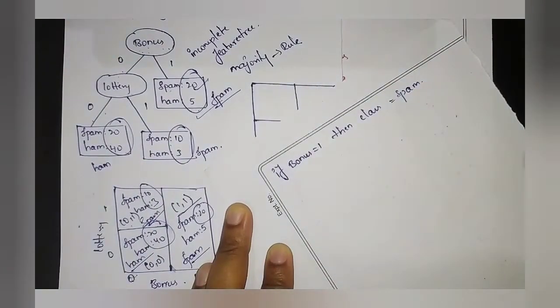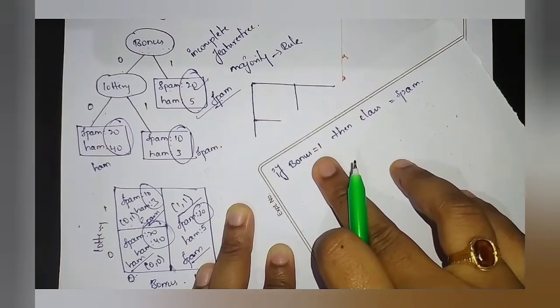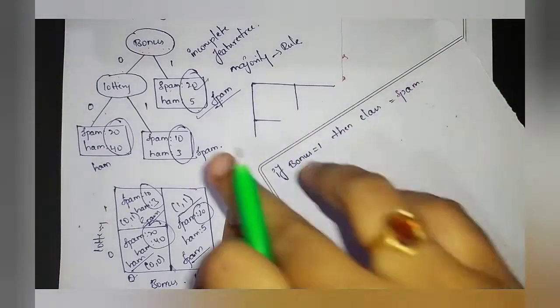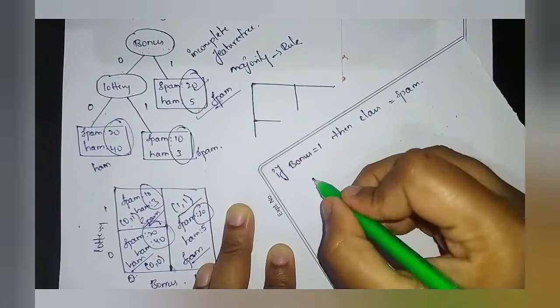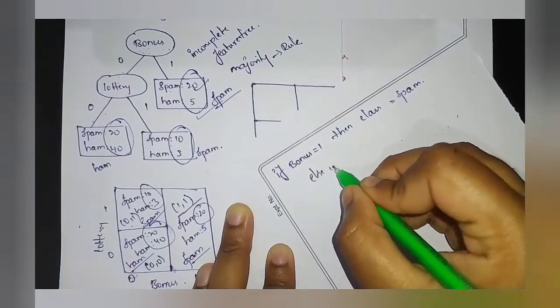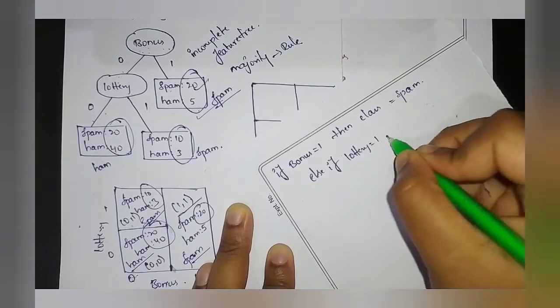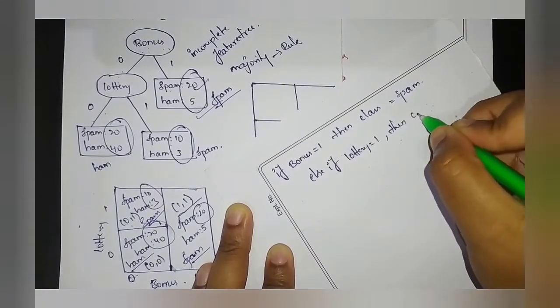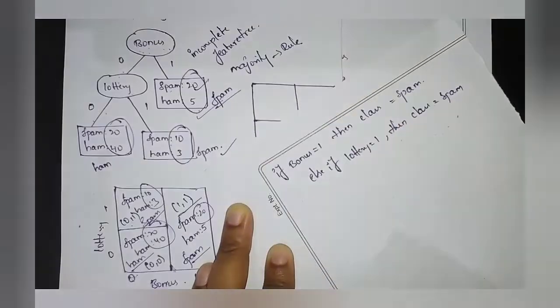As we already know, in C language we have if, else if statements, right? So we write this rule as: if bonus equal to 1, then class equal to spam. Then we'll be writing else if lottery equal to 1, then class equal to spam, right?